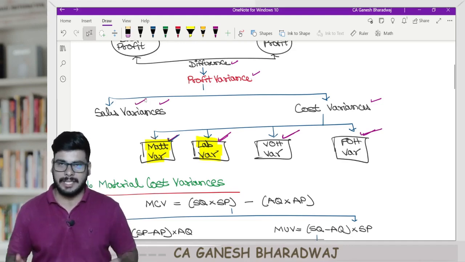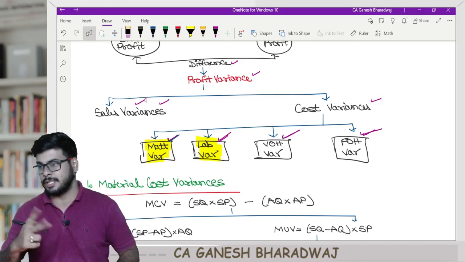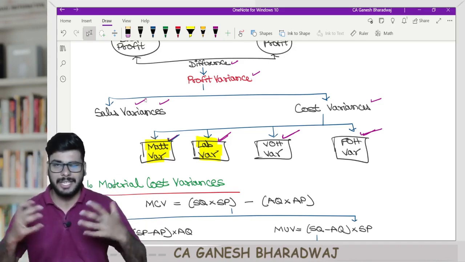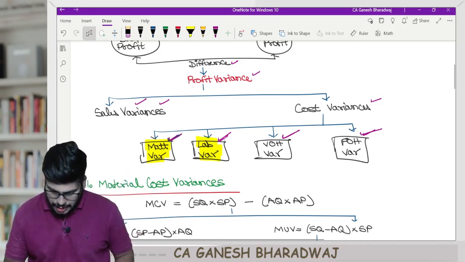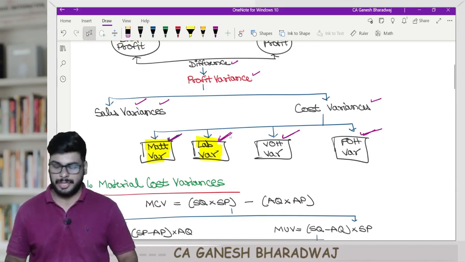In sales side variances, there will be two different methods. One is called the total approach, the other is called the margin approach. The entire chapter is applicable for paper 12 students. For paper 8 students, only these two variances, material and labor related variances, are there. Are you clear with this, guys?